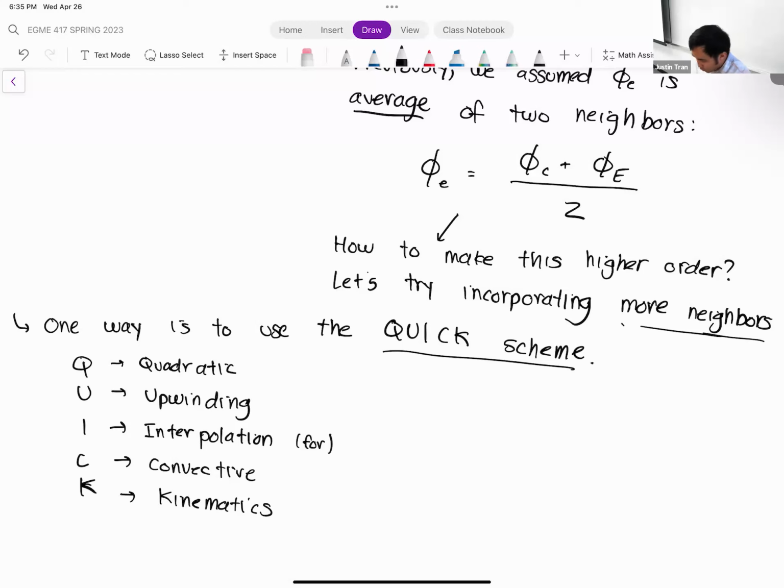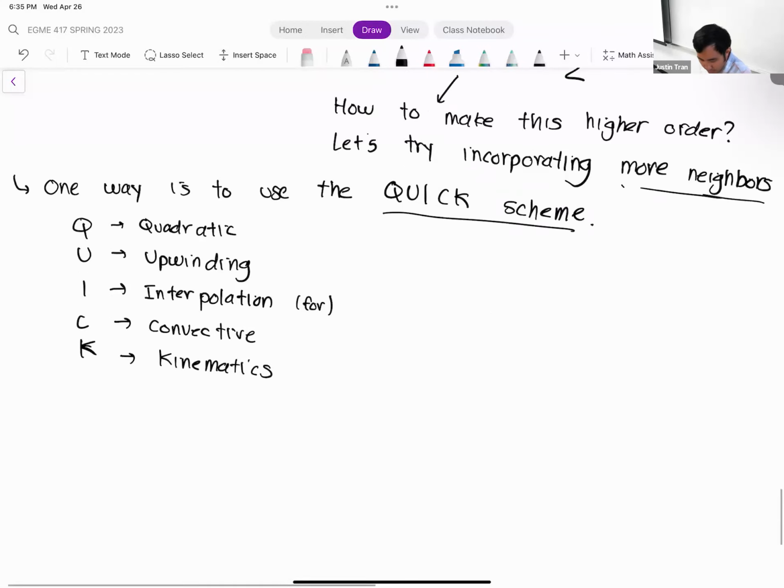Okay, so here's how it works. The QUICK scheme has two versions. The whole idea behind the QUICK scheme is to incorporate more neighbors for this convective term in a way that's consistent and accurate and gives us the best results.